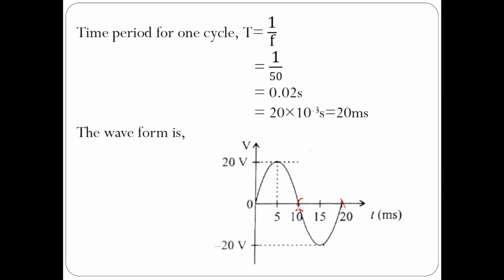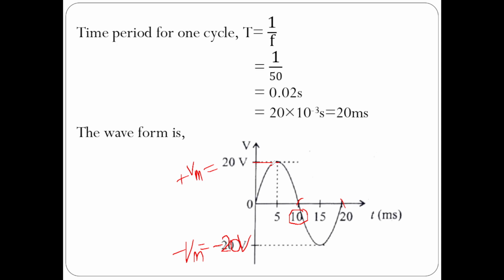What is the peak value of voltage? That is Vm, which is 20 volts, positive, plus Vm. For the negative cycle, minus Vm is minus 20 volts. So mention the peak voltages.